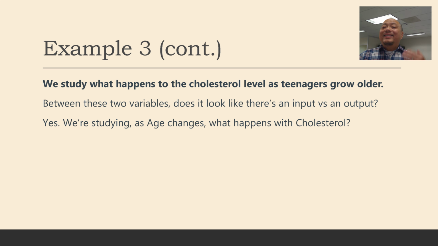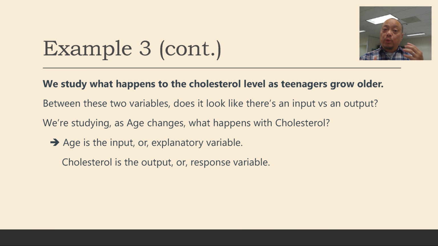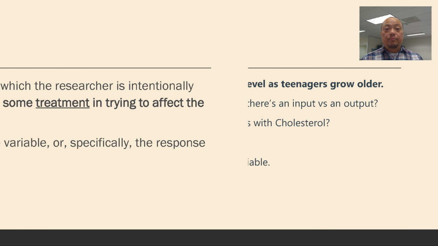The answer is yes, there is. It feels like the researchers are trying to see if different ages correspond to different cholesterol levels. That means between the two, the input is the age and the output is the cholesterol. Age is explanatory, cholesterol is the response. Hope that squares away the concept of variable, explanatory variable, and response variable.